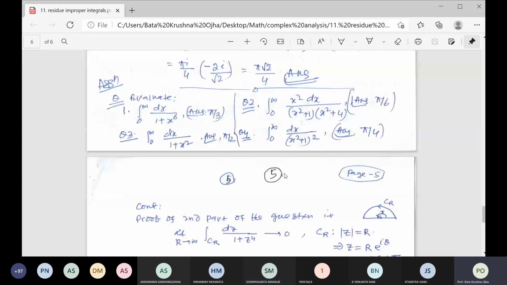Satyajit Sai, Satyajit, 652. Satyajit. Absent.